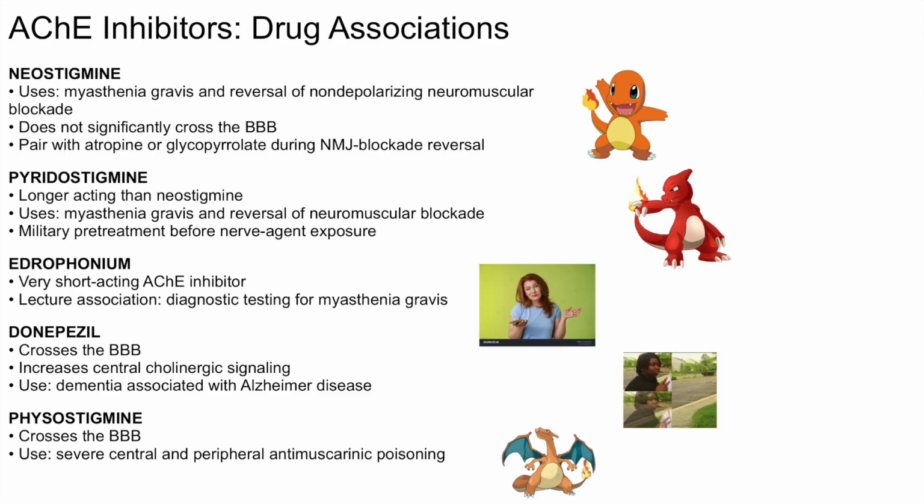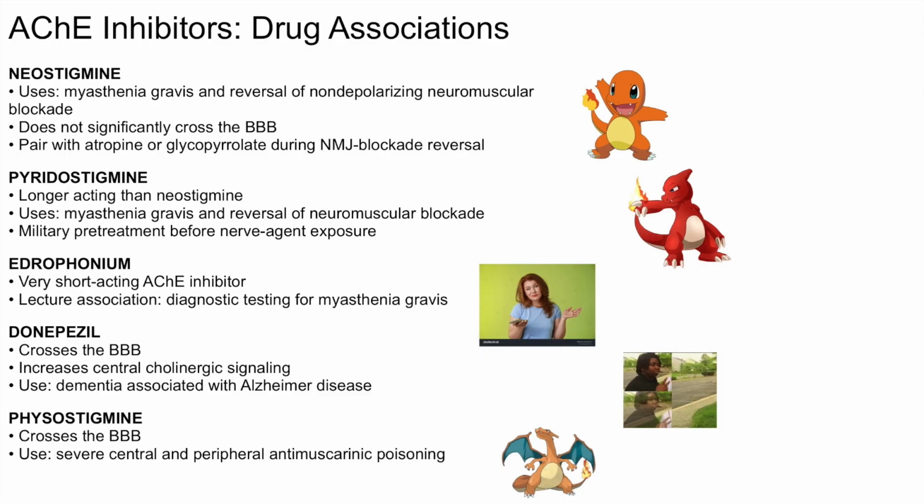Pyridostigmine lasts longer and is commonly associated with long-term treatment of myasthenia gravis. It also has been used as a pre-treatment when nerve agent exposure is anticipated. Edrophonium is extremely short-acting and is the classic historical association with diagnostic testing for myasthenia gravis.